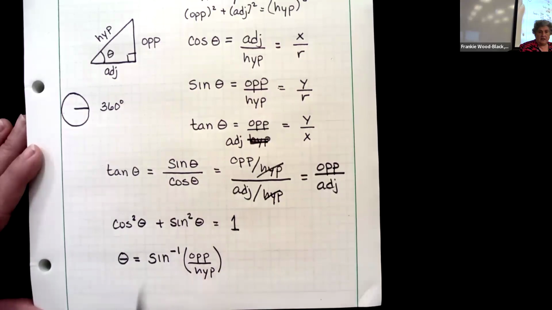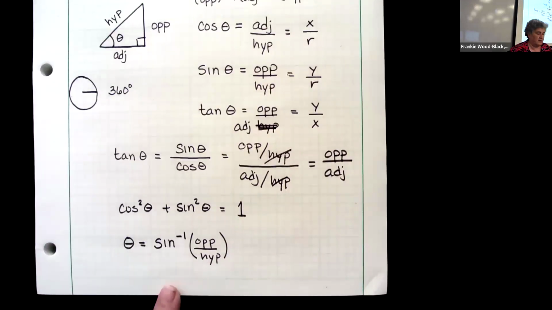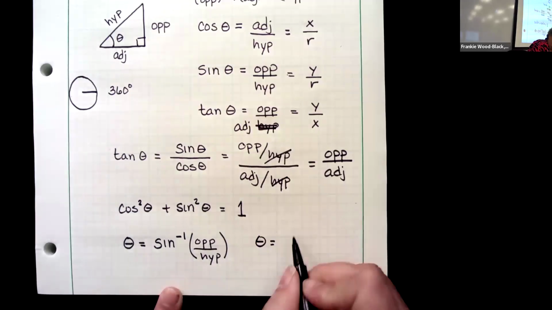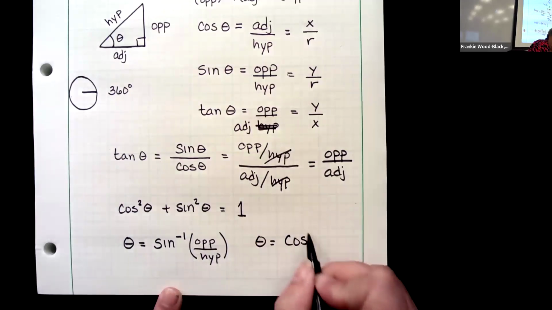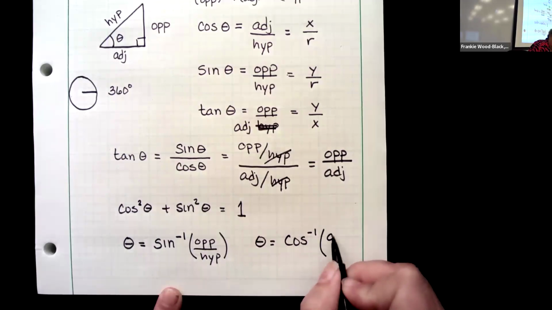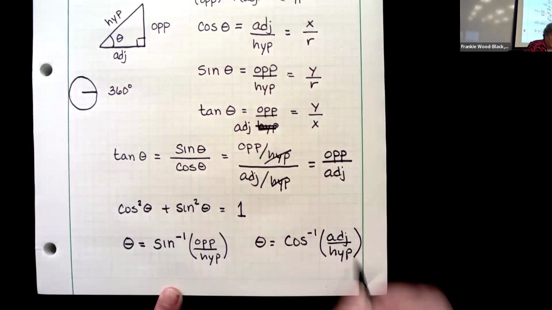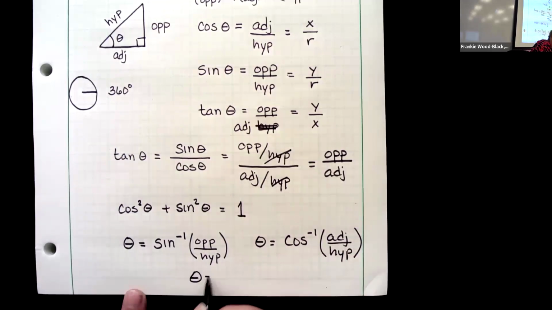And that is the key that you're going to use on your calculator. The angle can also equal the arc cosine, and then I can also do that for my tangent.